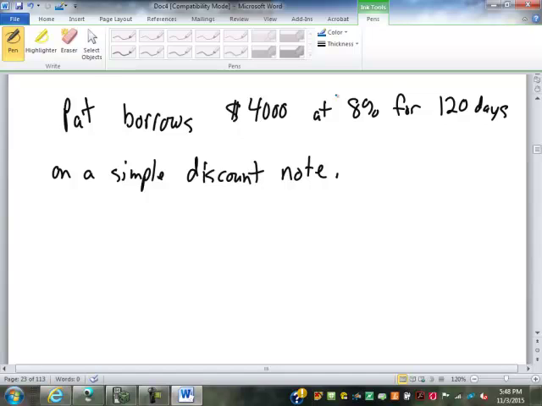So obviously the face value here, the defined amount of the note, is $4,000. Now from that face value, we're going to define a discount.